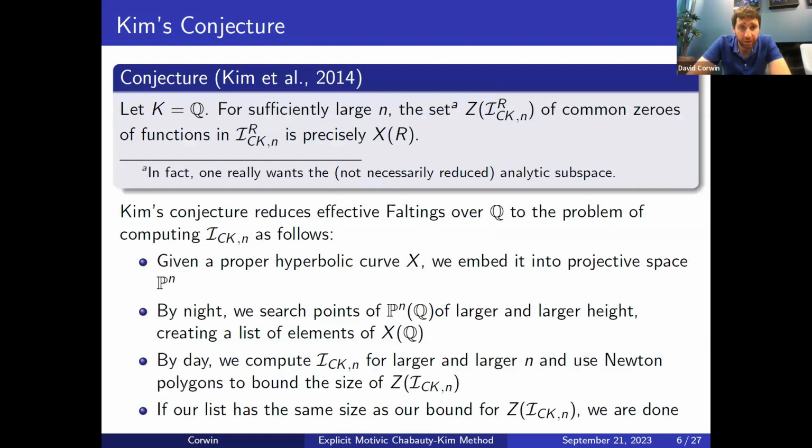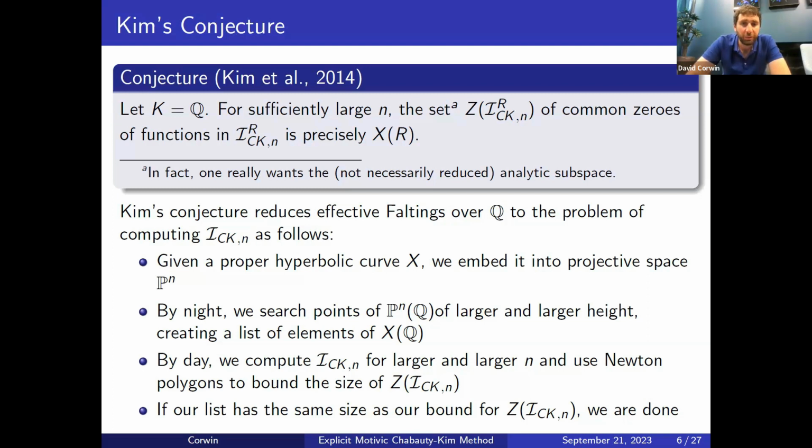So let's first of all say why doing this leads to effective Faltings. There's this conjecture of Kim that for sufficiently large n, in fact, the only common zeros of these p-adic analytic functions are precisely the integral or rational points. Meaning that you have enough functions to cut down not a finite set containing the rational points, but rather all of them.